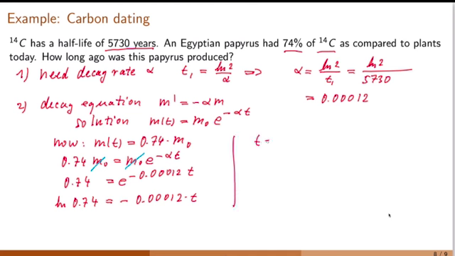This gives us a t which is equal to log of 0.74 divided by minus 0.00012. And then we can compute this number, and this number is 2,509 years. This means that the material the papyrus was made from is 2,509 years old. So whatever is written on it must be even younger. So this is how carbon dating works.